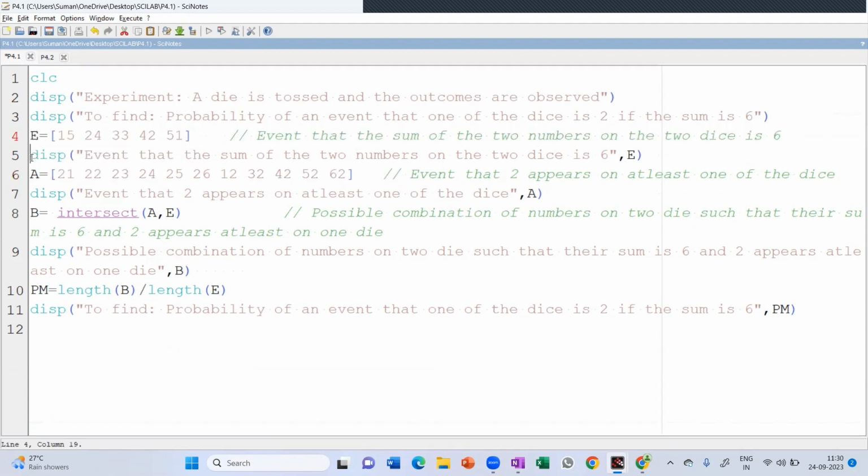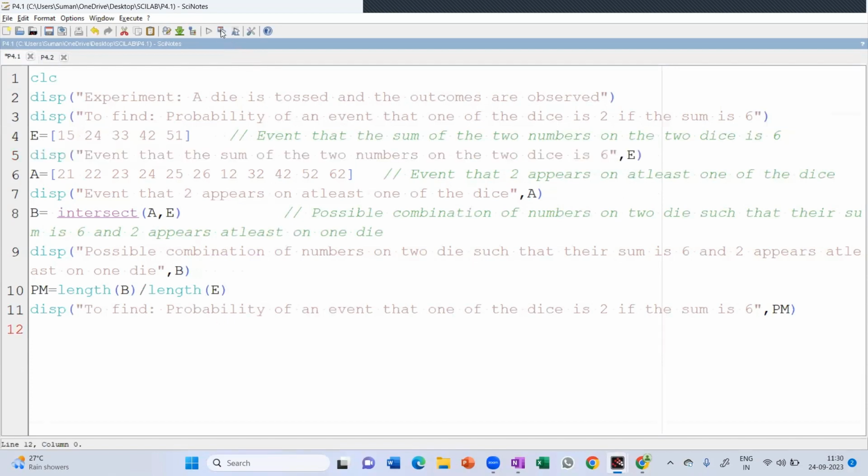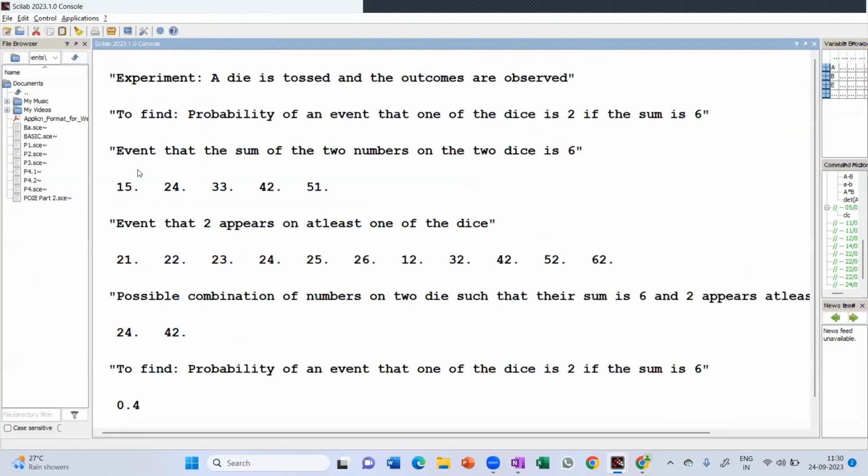You can see over here, display the sum of the dice is 6, E, and then I'm storing in a variable E that I'm displaying. Now let us execute it and see the output. The output we will get on the console window. You can see over here, this is the output.